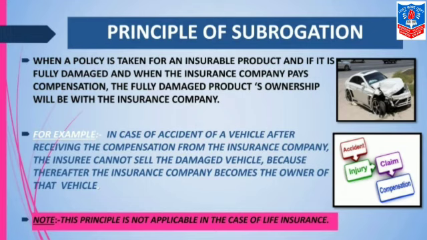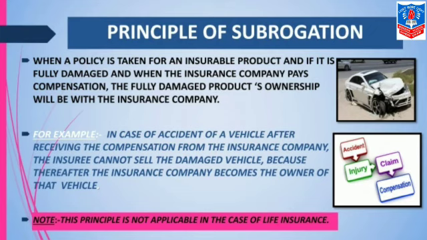When a policy is taken for an insurable product and if it is fully damaged, and when the insurance company pays compensation, the fully damaged product's ownership will be with the insurance company.